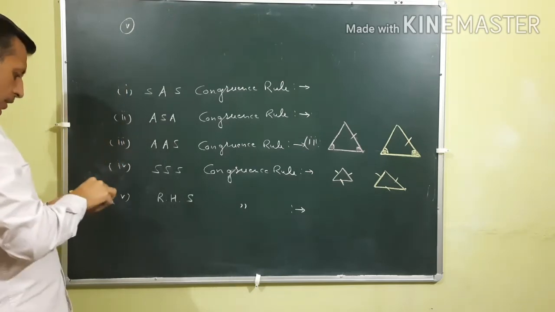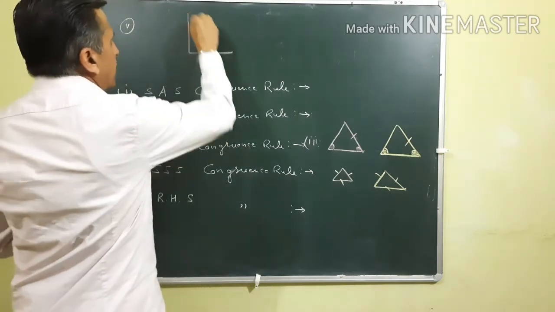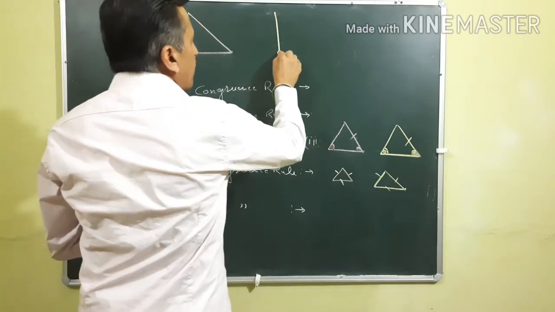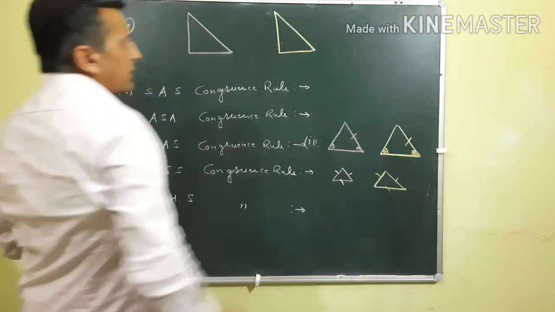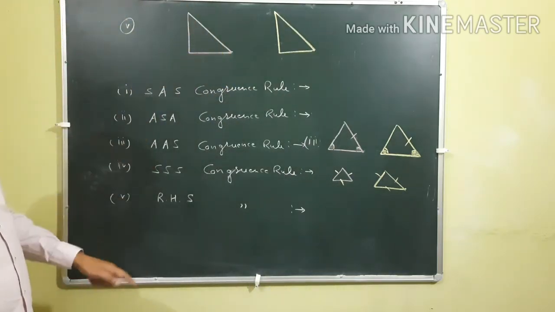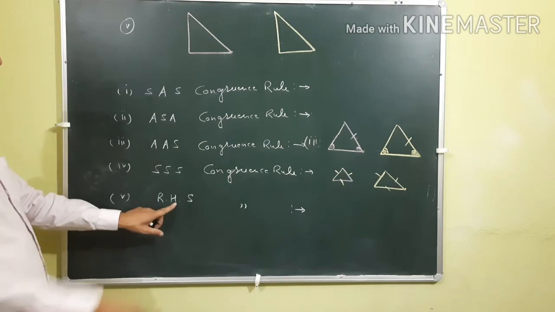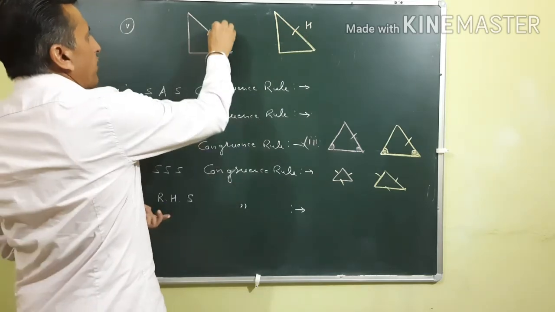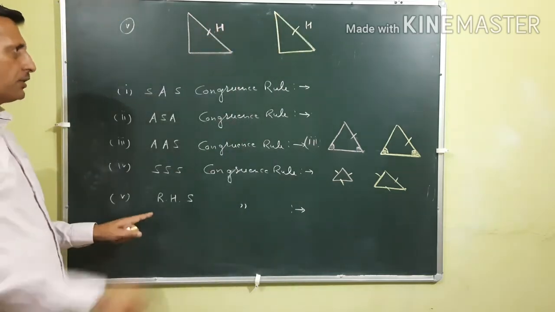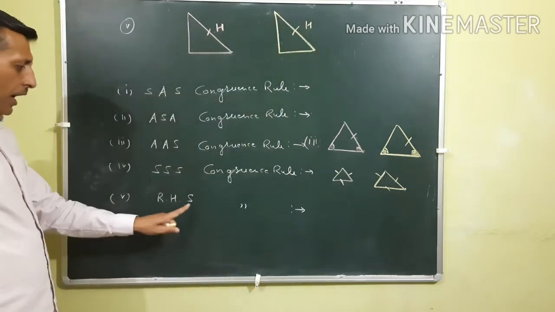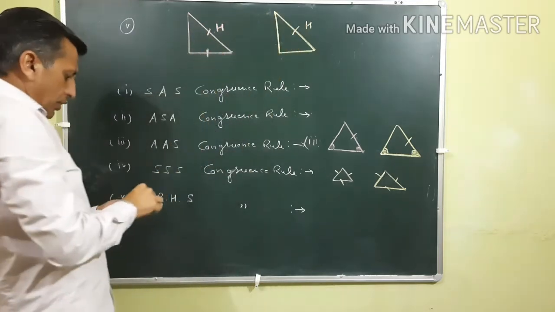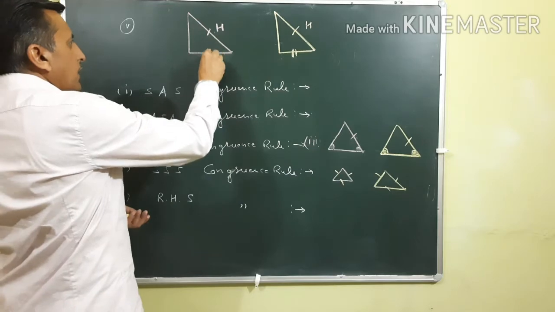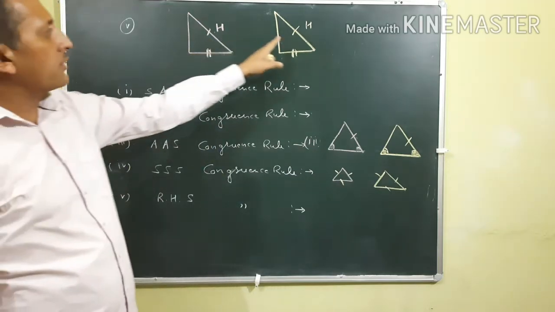In the fifth part he said, if there is a right angle triangle like this, and this is your second right angle triangle, and both triangles are right angled, then the hypotenuse of one triangle, I think everyone knows this, is equal to the hypotenuse of the second triangle, and a side of one triangle is equal to a side of the other triangle. Then once again you can say these two triangles are congruent.